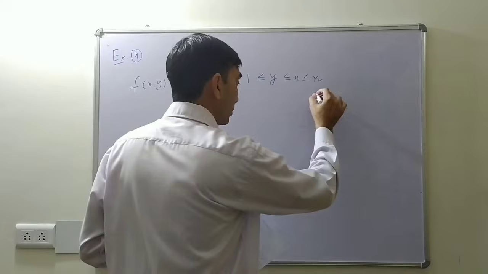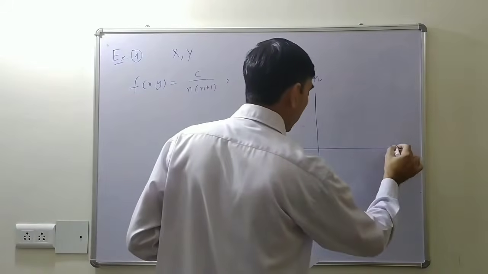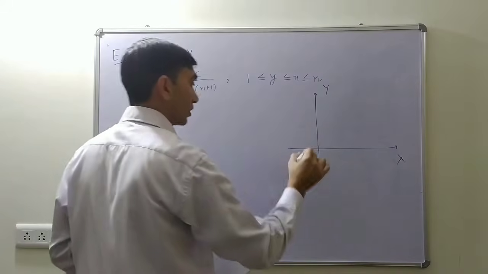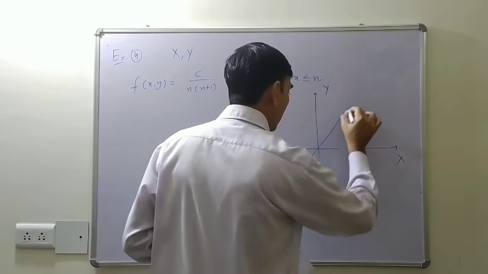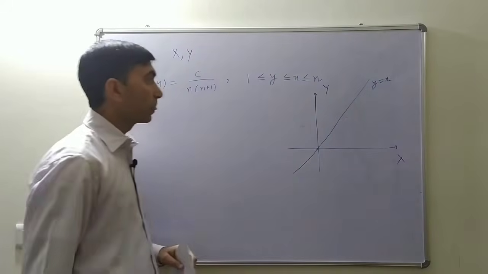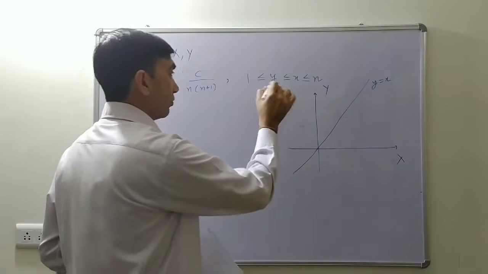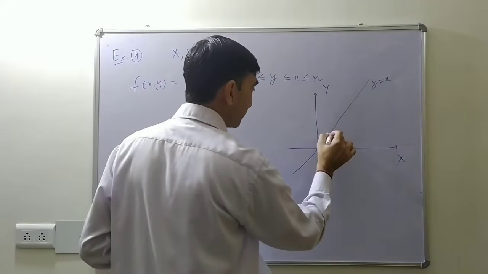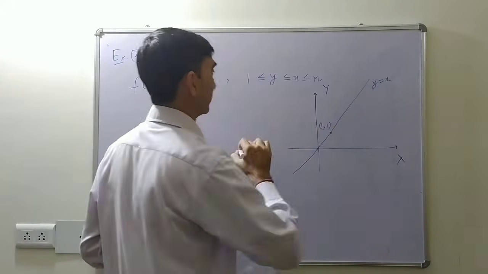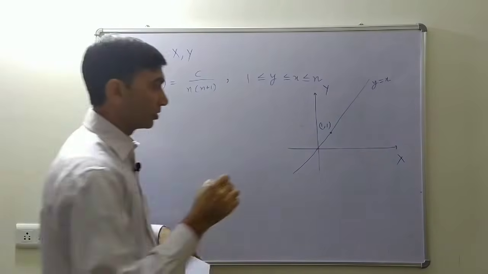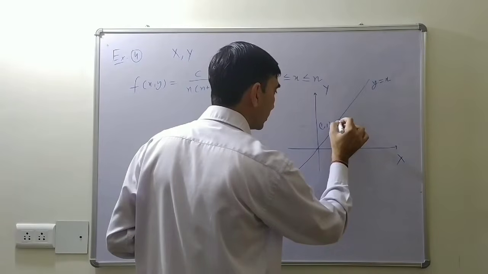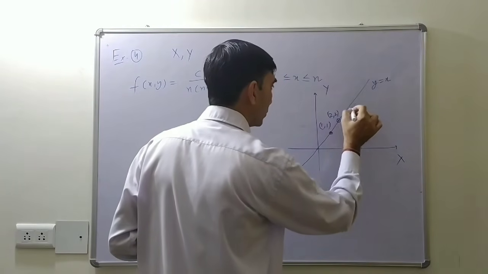Let's draw the given values of x, y. Here I draw the line y equal to x. So first value of xy is 1, 1. Then what are the other points? 2, 2 and so on.